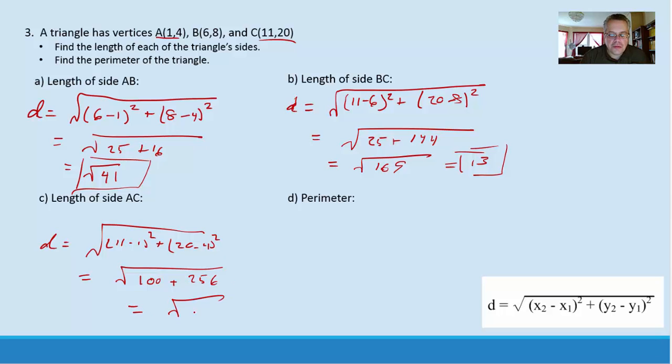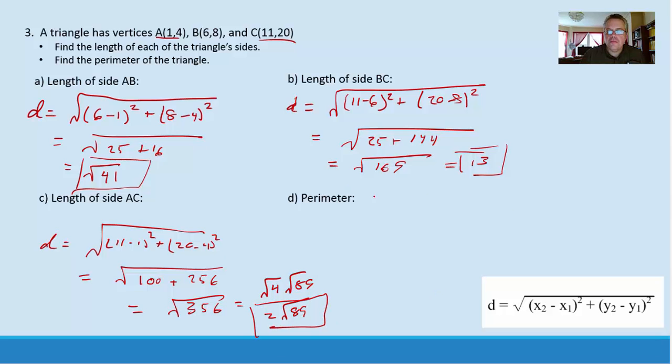So I get the square root of 356. Wow, I think 4 goes into that. Yeah, so I'm going to go ahead and break this up. That's the square root of 4 times the square root of 89, which is 2 times the square root of 89. And I believe we're done. That's as far as we can go with that.